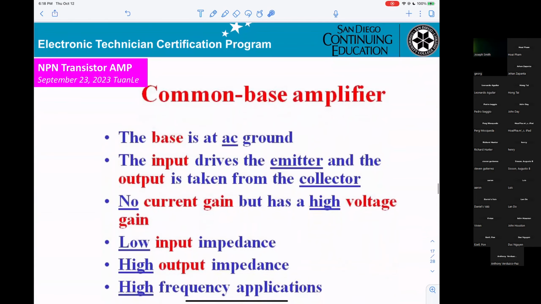Okay, the last one for bipolar transistor will be common base. When you read it, it says the base is at AC ground. The input drives the emitter and the output is taken from the collector.